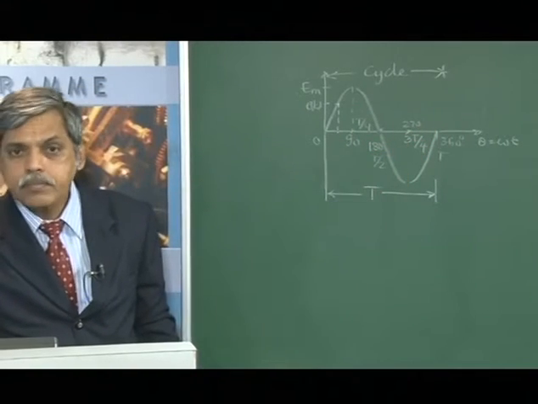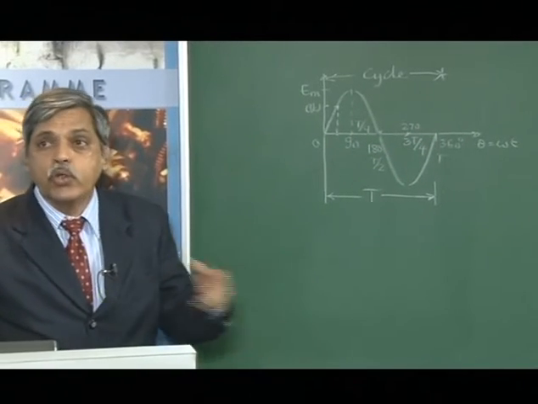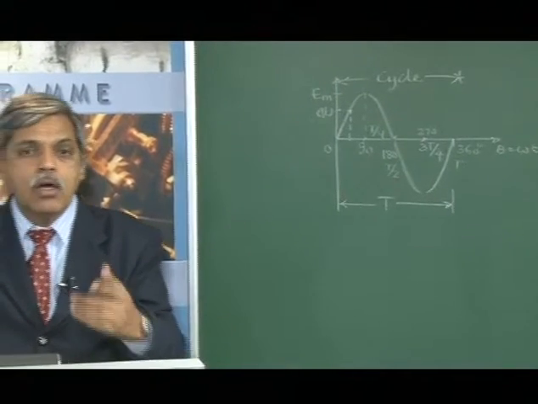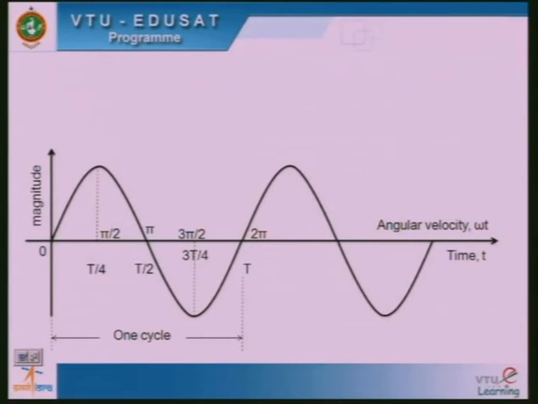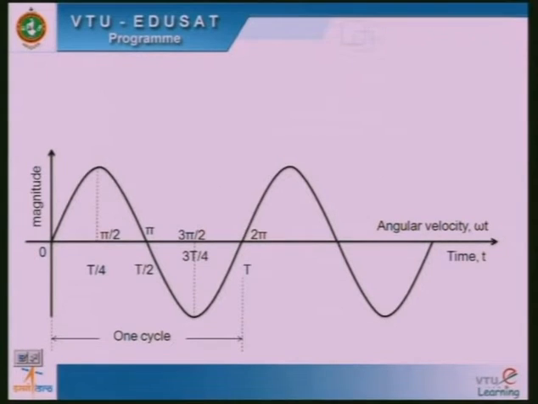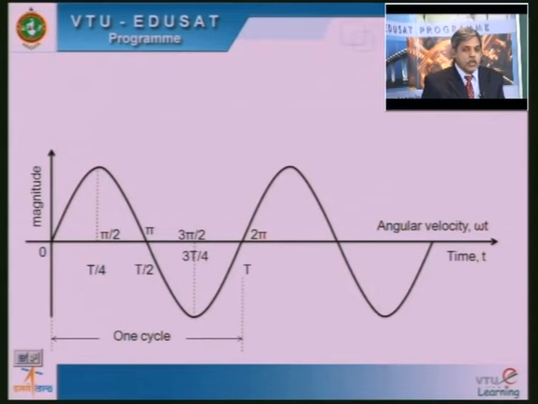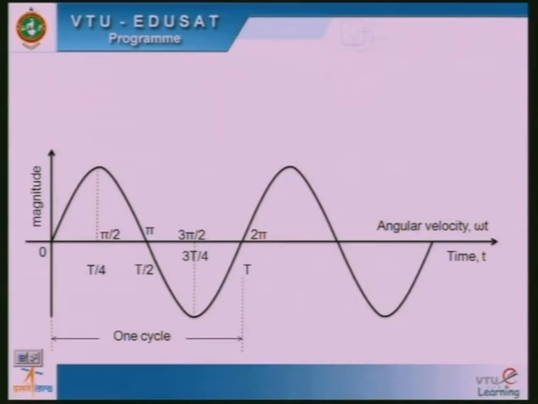I have shown you the waveform on the screen. Magnitude is on the vertical axis, horizontal axis is the time or the angular velocity. You can see one cycle: T by 4 is the time for a quarter cycle, T by 2 for half cycle, and T for the full cycle.